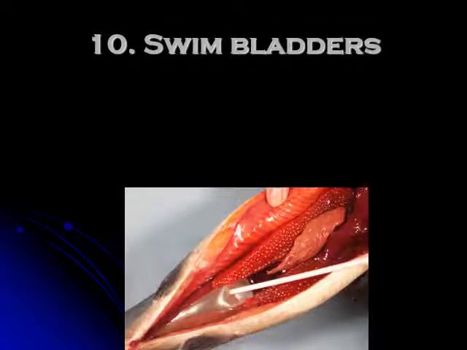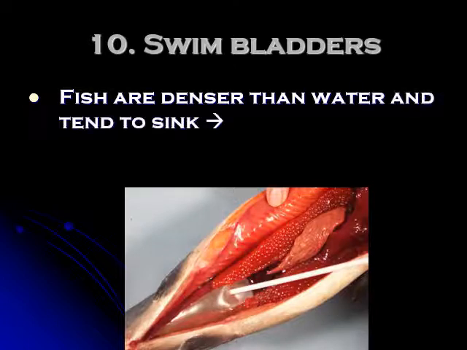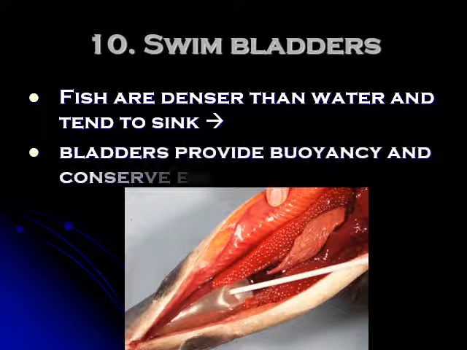So a swim bladder. We did dissection on our fish last week, and we found that the swim bladder was of a different type than we see in this picture. There are two types of swim bladders. So fish are denser than water and they tend to sink.